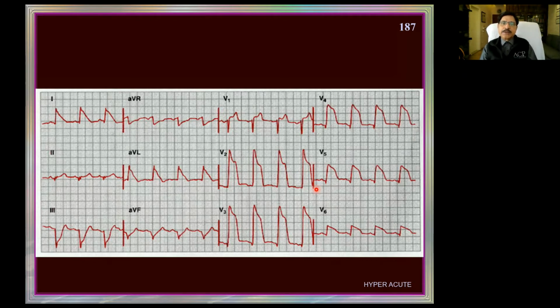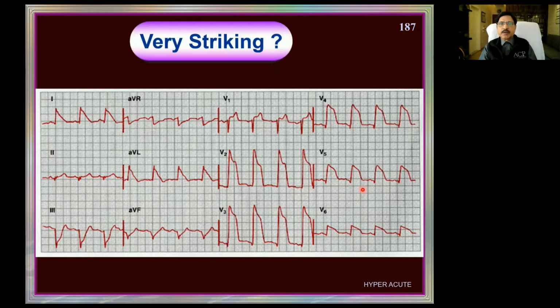With that only, the patient has to be shifted to the cath lab or referred to the higher center. Without giving the basic treatment, we are not justified in referring this patient. Very striking, isn't it?